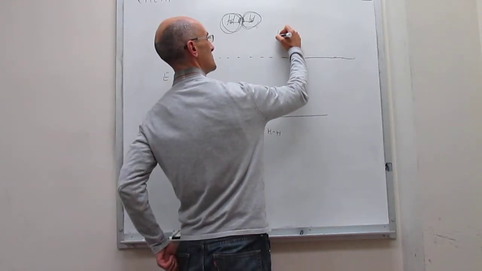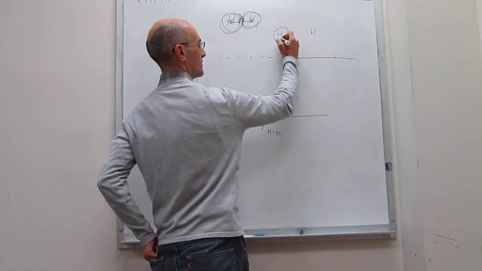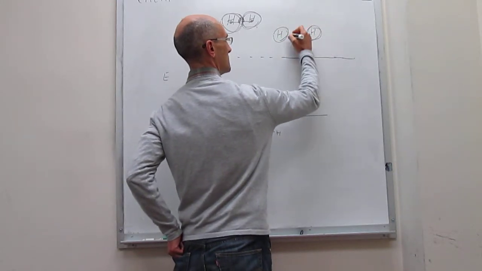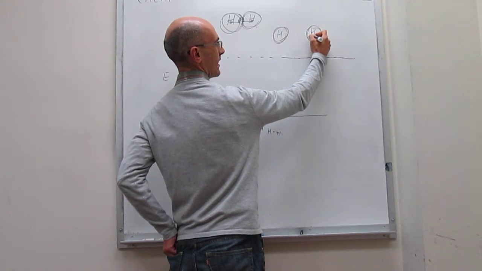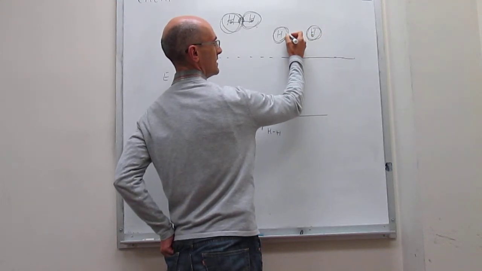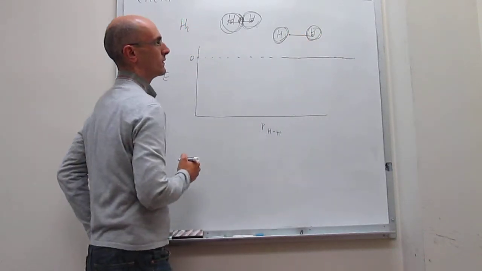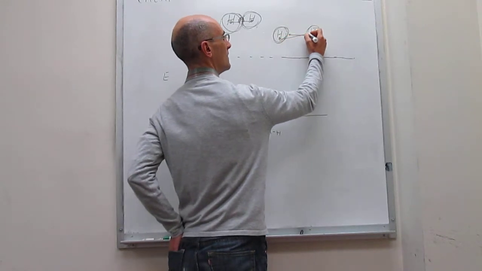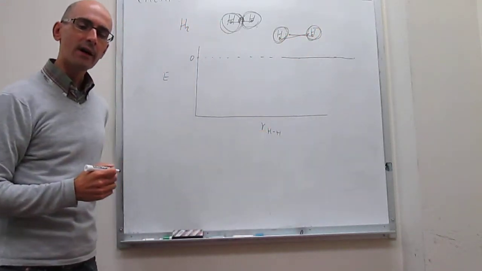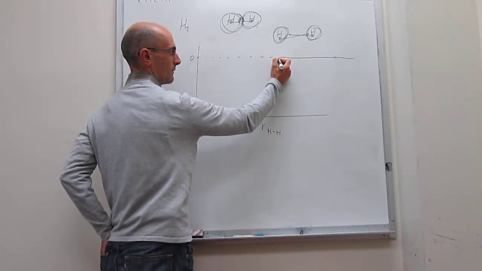Then you get to a point in which the atoms are sufficiently close that the electron of one of the hydrogen atoms can start to be attracted by the nucleus of the other atom. So here you have the nucleus, which is positively charged, and at some critical distance, you're going to be able to see the interaction with that electron, and the same thing will happen right here. Because that is a stabilizing interaction, the energy starts to drop, and it will become negative.